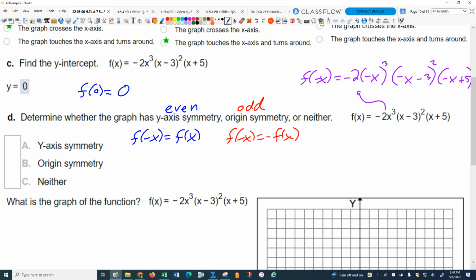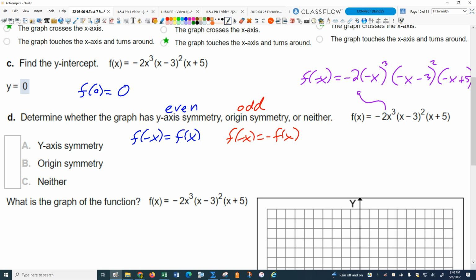Okay, I'm going to give you a hint here. It's not going to be a very big hint, but maybe this will guide your thinking a little bit. So in order for this to be even symmetry or odd symmetry, how many values of x have to exhibit that behavior? More than 3. Say it again. All of them, right?